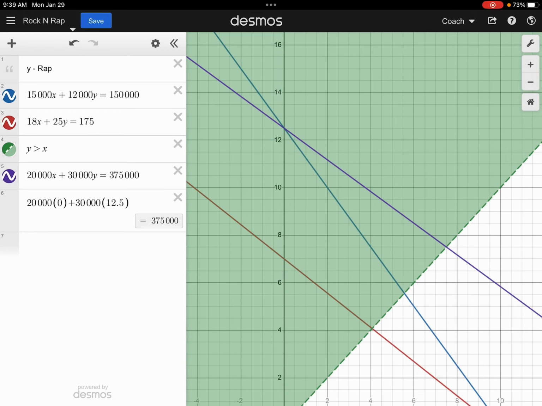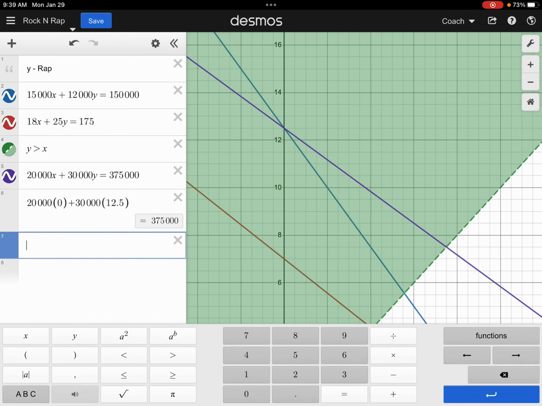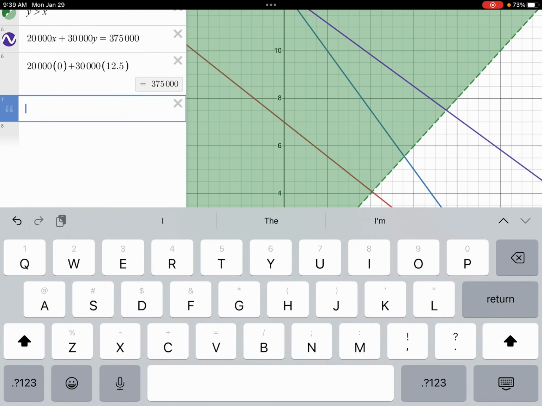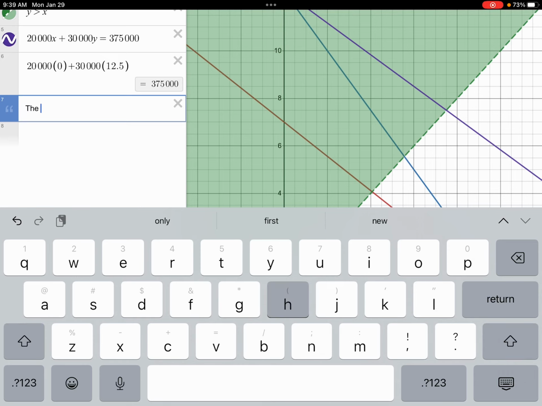So we've got to go and we actually have to write up a business proposal, right? We have to make a recommendation for our business. So we need to write something. I'm going to do this as a note for us. So we have to make a claim on what's the highest profit point. So the highest profit for our business.